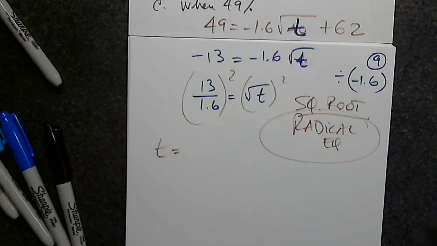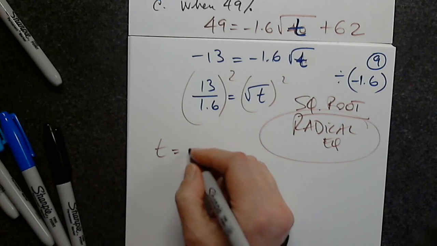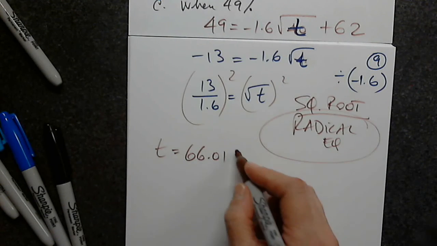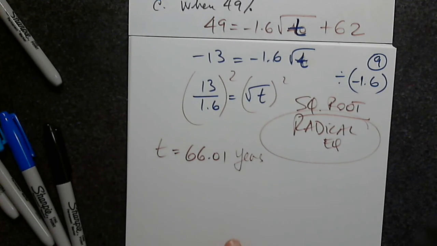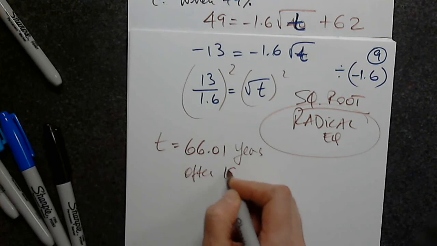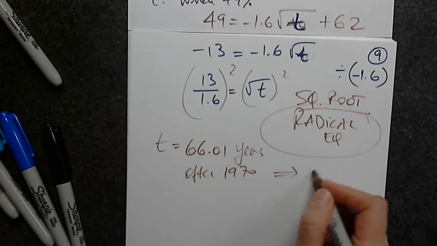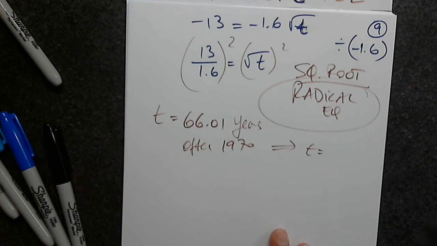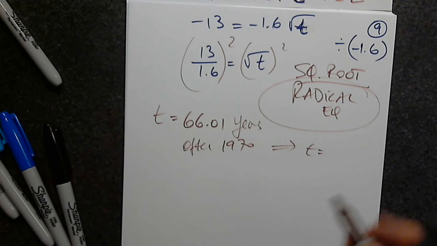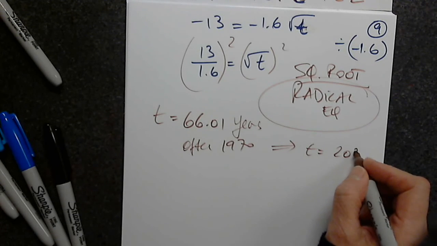Close the parenthesis, and then square. 66.01. What does 66.01, or just 66, mean? It's after 1970. So 1970 plus 66 is 2036.